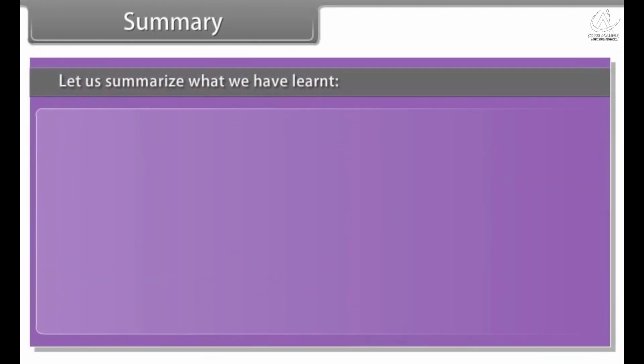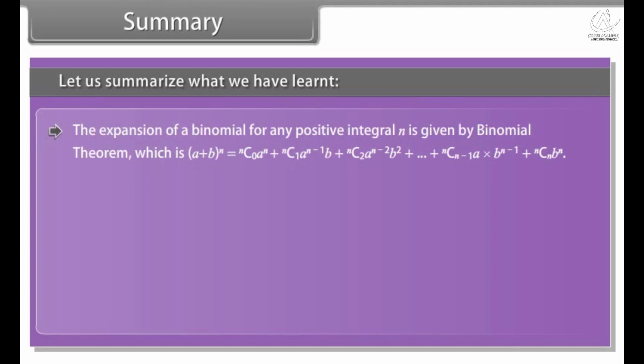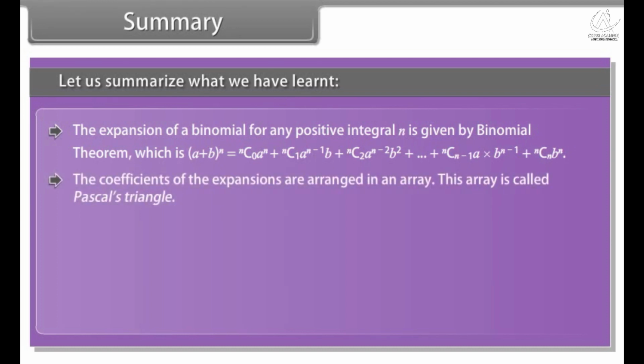Summary. Let us summarize what we have learned. The expansion of a binomial for any positive integral index is given by the binomial theorem. The coefficients of the expansions are arranged in an array. This array is called Pascal's triangle.